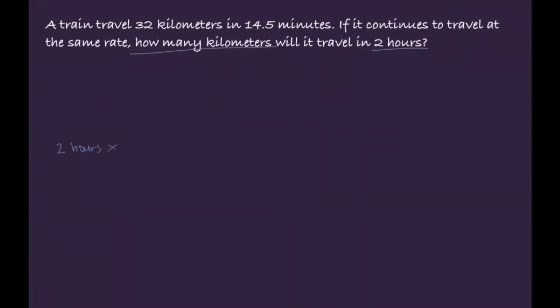So 2 hours times, we know that 1 hour is 60 minutes. Actually, we don't need seconds this time since the minute is given. So we know that in 14.5 minutes, the train can travel 32 kilometers.